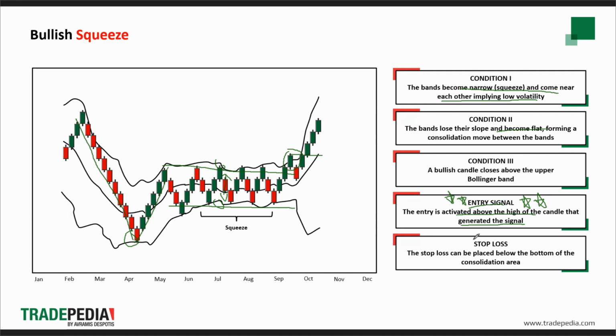Okay, and the stop loss itself can be placed below the bottom of the consolidation area. What this stop loss is referring to is over here. So if the price comes back to test this support level, that will be the stop loss.